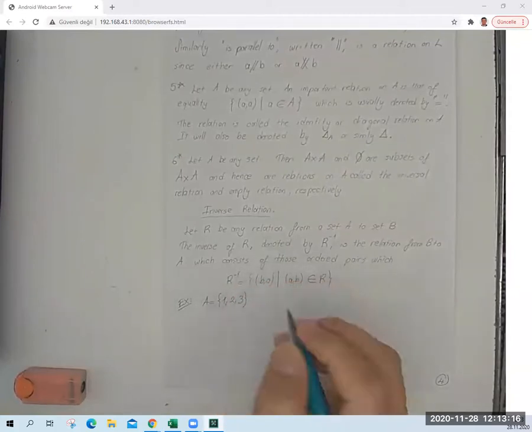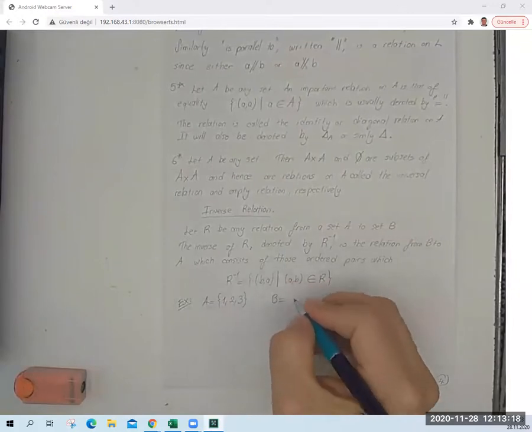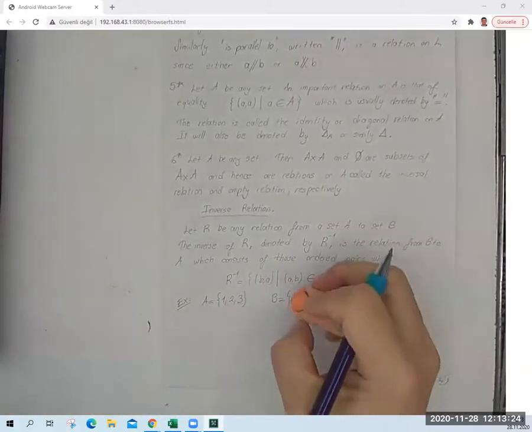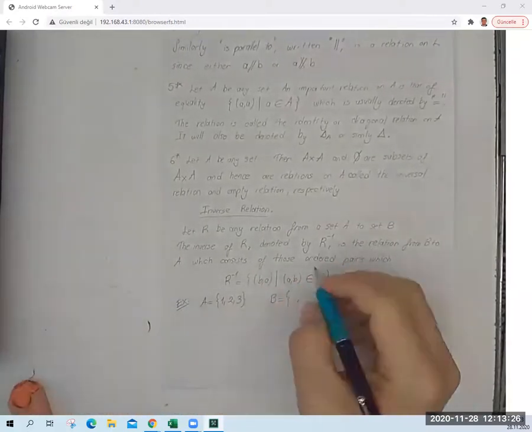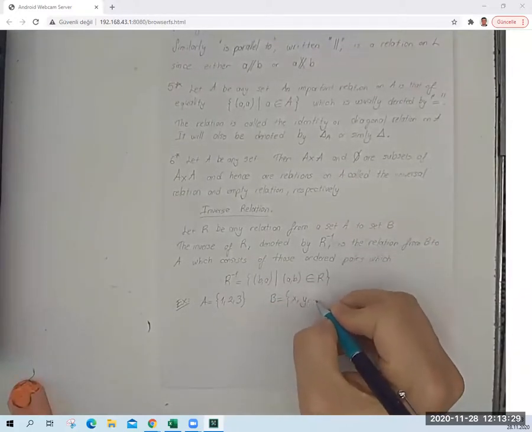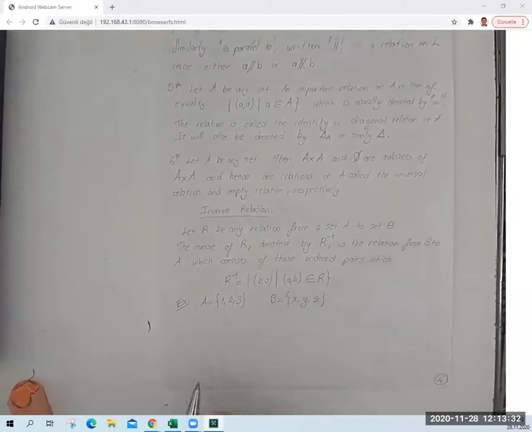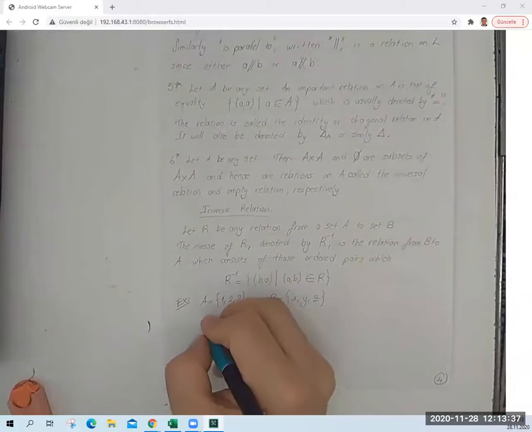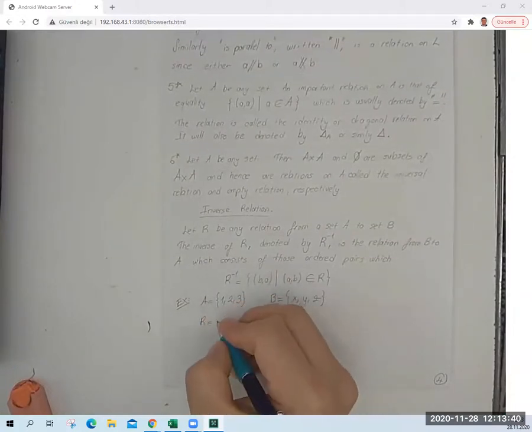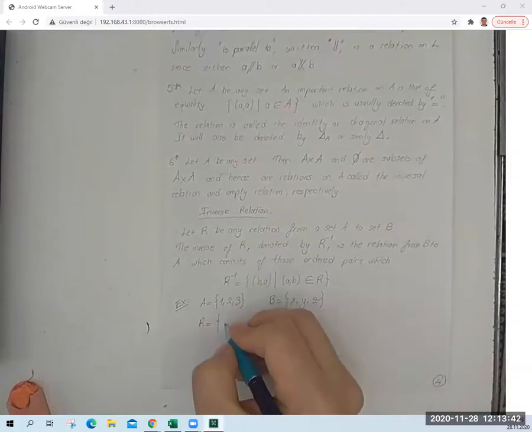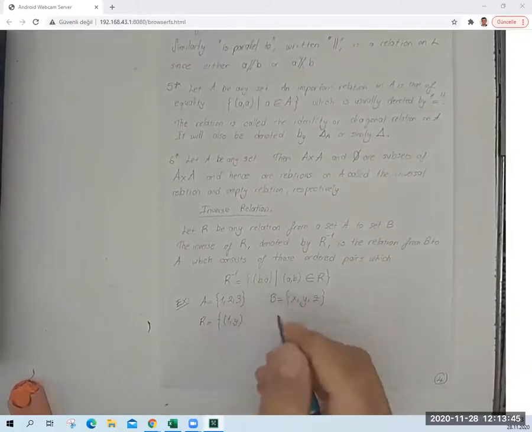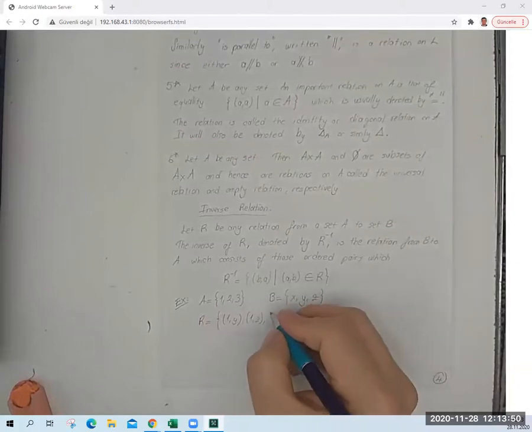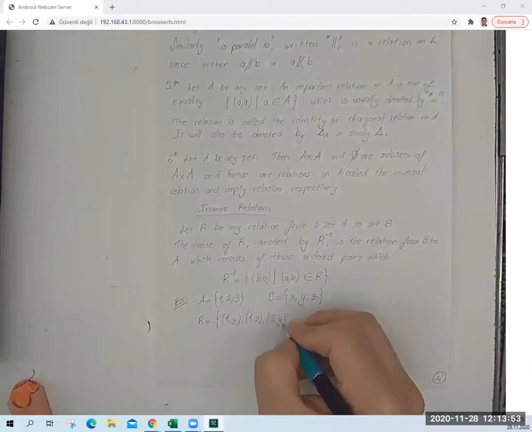These are our basic elements in set A, and there is the set B. Okay, let's write the example from your book: X, Y, Z. So let's write the relation as R. Okay, relation R is already given: pairs like 1 to Y, 1 to Z, and 3 to Y.